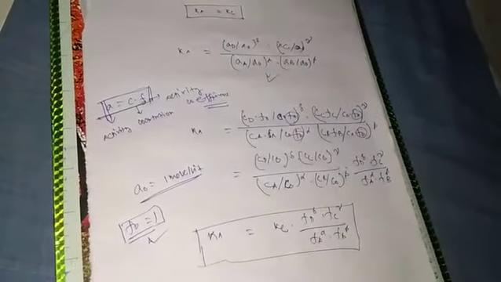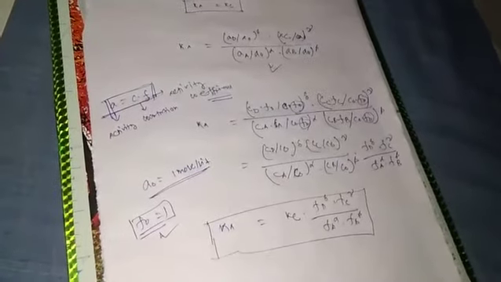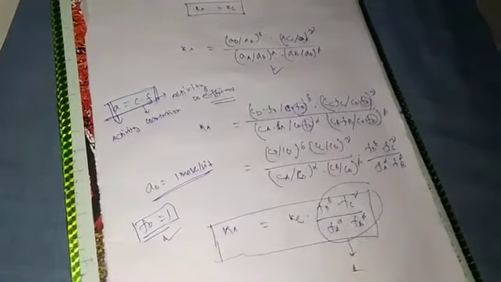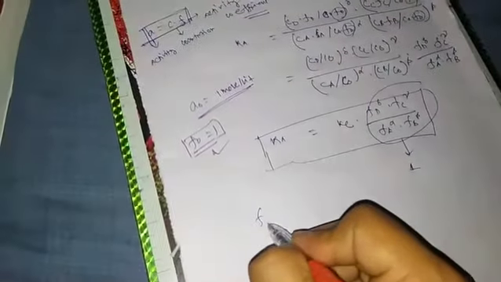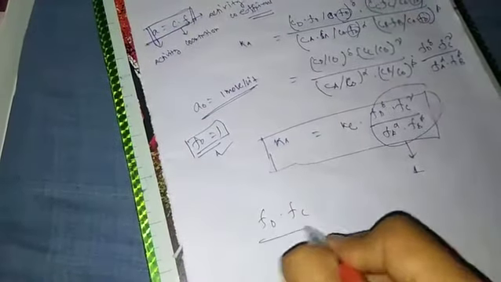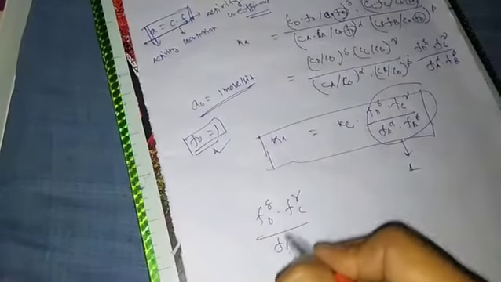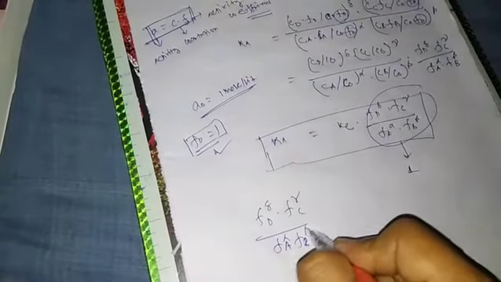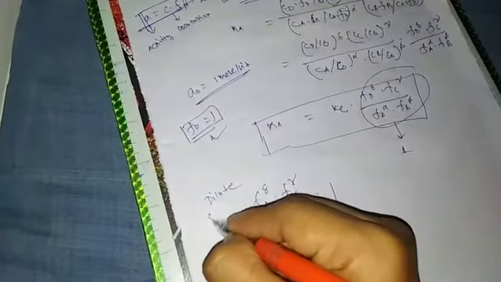Ka will be Kc when this value is 1, and this will be 1 only for dilute solution.